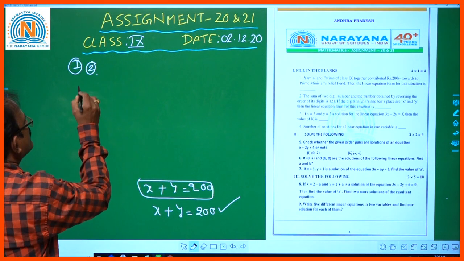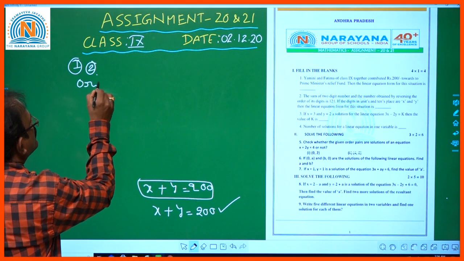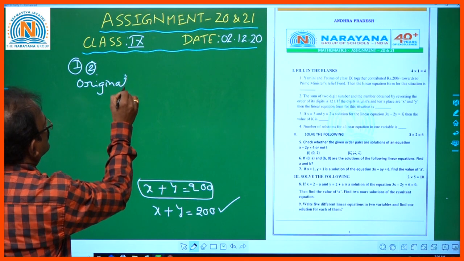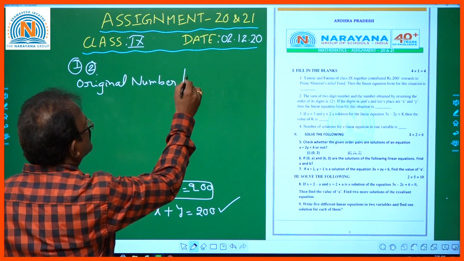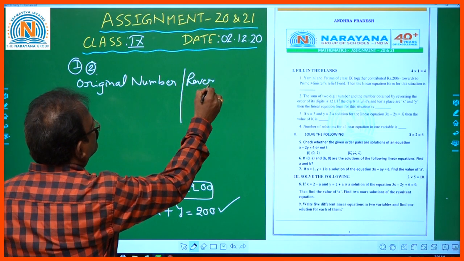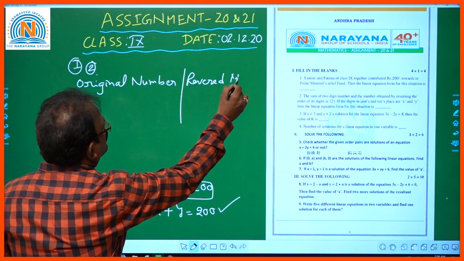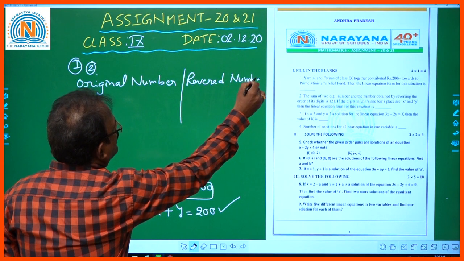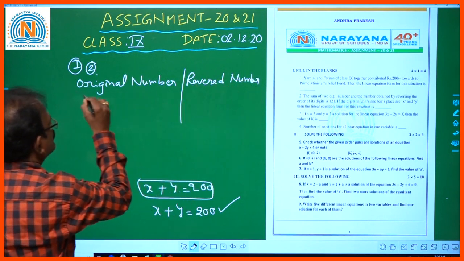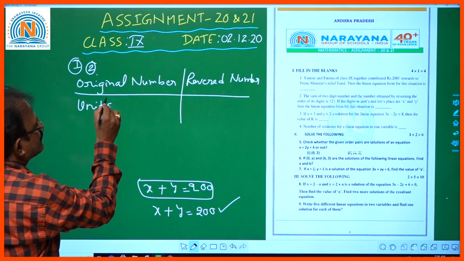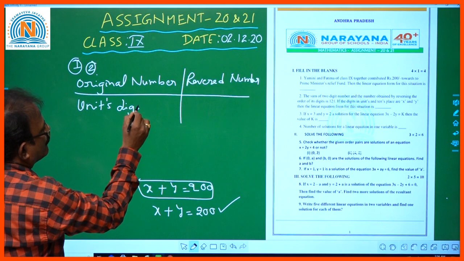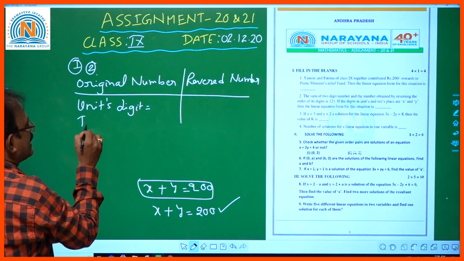So this is the original number, this is the number formed after its digits are interchanged, so this is the reversed number. So here what is the unit digit and what is the tens digit?